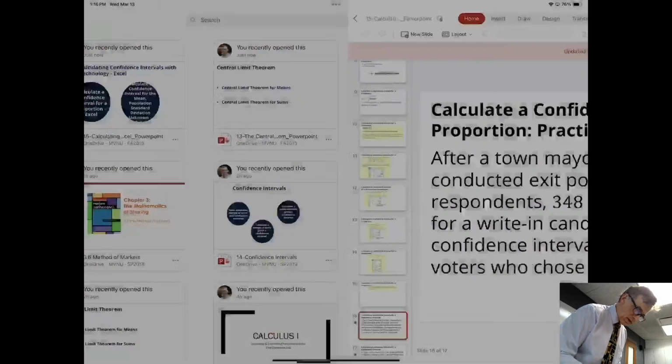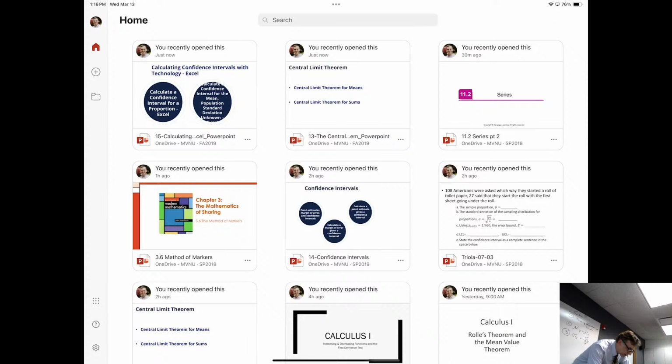Nope. Where is it? It might be on my regular computer. Come on. I just edited this stuff this morning. Okay, I'm just going to have to do it from memory if I can't find this. Let me check one more place. Try here.